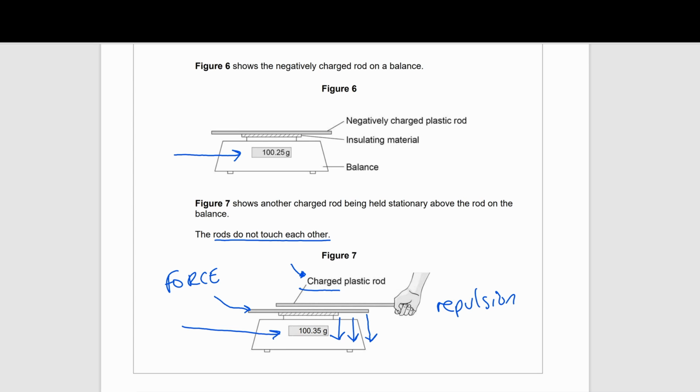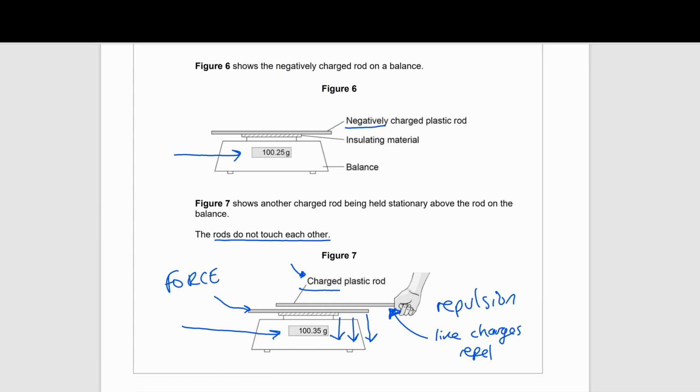So if it's repulsion, what does that tell us about this charged plastic rod, which is here? Well, they've told us in figure 6 that the charge that was on the balance was negatively charged. If it's repulsion, it's to do with like charges, because like charges repel.